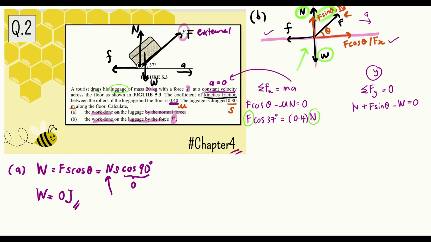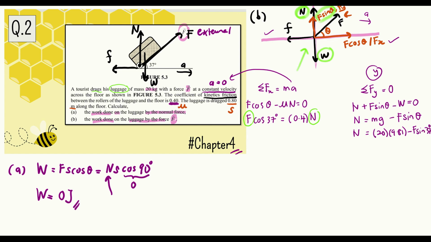Then let us expand the equation. N is equal to weight mg minus F sine theta. Our m is 20, times 9.81, minus F, which is unknown, sine 37.